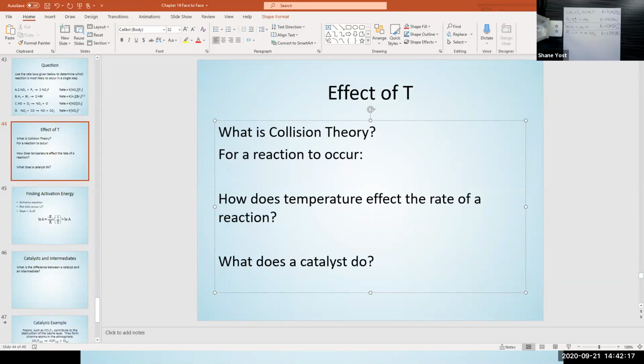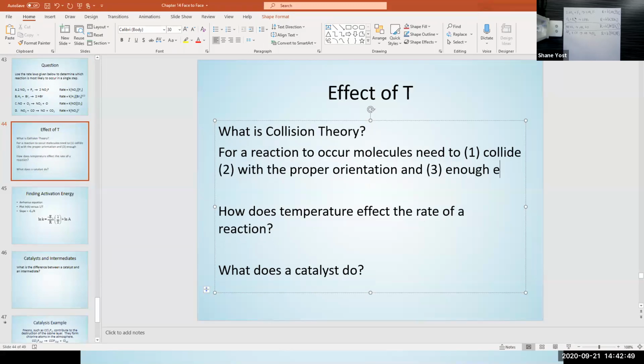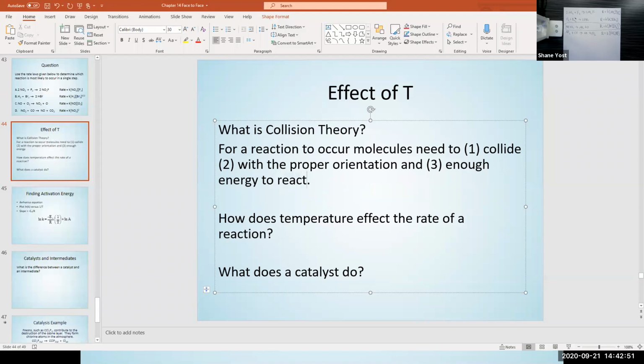Molecules need to, one, collide, two, with the proper orientation, and three, enough energy to react.